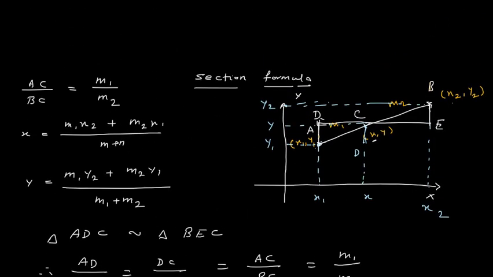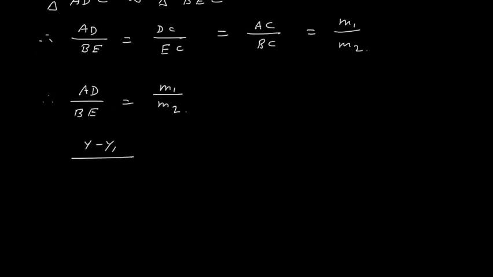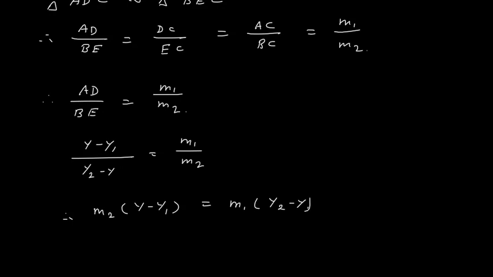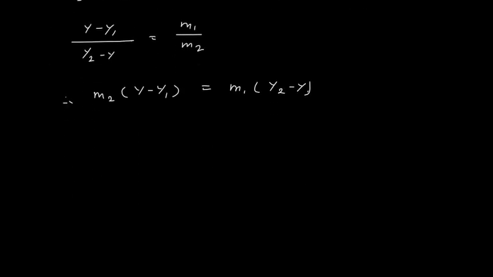AD is y minus y1, upon BE, which here is y2 minus y. And this is m1 upon m2. So therefore I will say that m2 times (y minus y1) is equal to m1 times (y2 minus y).